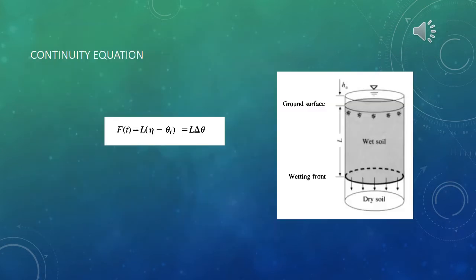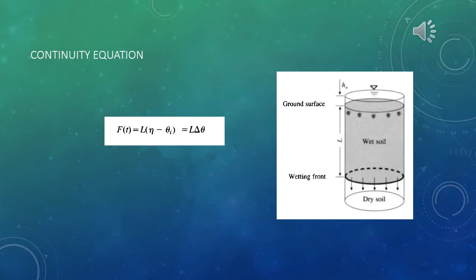Let's remember our Reynolds transport theorem and how we are going to start. We are going to start again with the continuity equation. Let's take a column of cylindrical soil. As you see, the gray shaded area starts at the ground surface and goes to the wetting front.